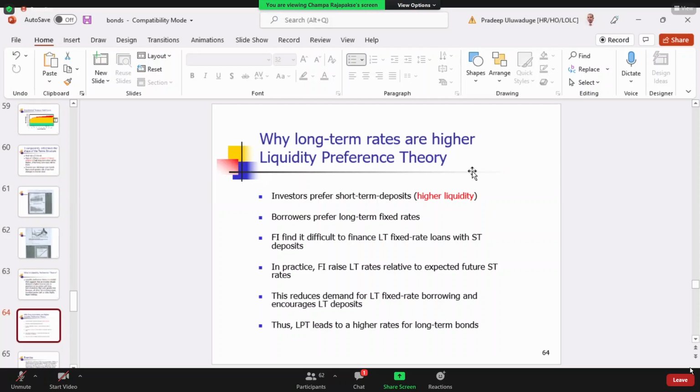So in practice, financial institutions raise long-term rates relative to expected future short-term rates. This reduces the demand for long-term fixed rate borrowing and encourages long-term deposits.